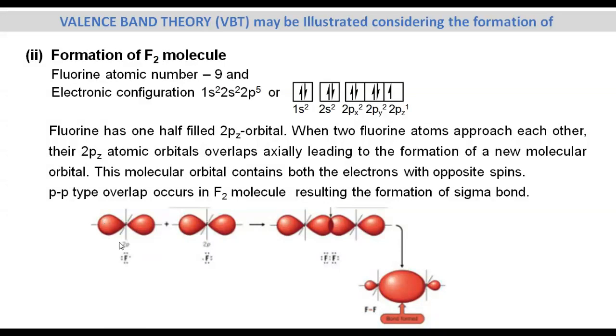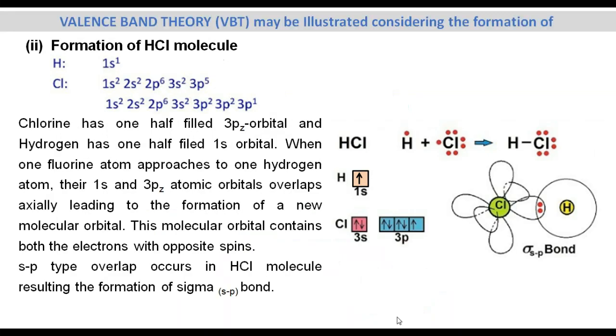So the pz orbital of one fluorine, which has one unpaired electron, and the pz orbital of the other fluorine atom, which also has an unpaired electron, both overlap according to the valence bond theory. This overlap is known as sigma overlap, the resulting bond is a sigma bond, and this is the fluorine molecular orbital.